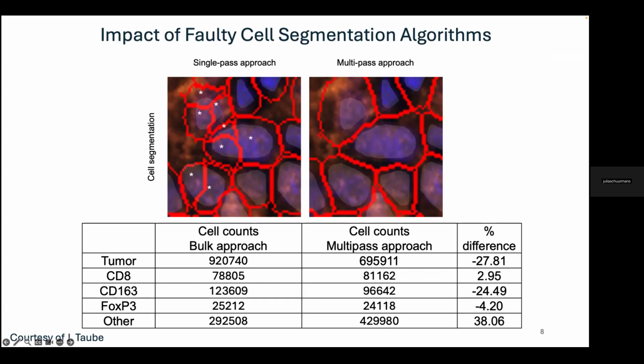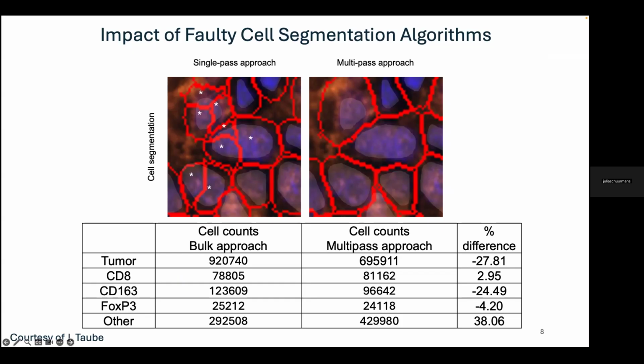And what they found is the current standard, which is the single pass approach, where you use one cell segmentation algorithm to segment all the cells within the tissue, we end up getting an over segmentation of the larger tumor cells. And the reason for this is that these single pass approaches are very, very good at getting the small leukocyte-like cells within our tumors. They, however, fail at getting the larger tumor cells, and this would make sense as we start seeing very leukocyte small segmentation within this approach.